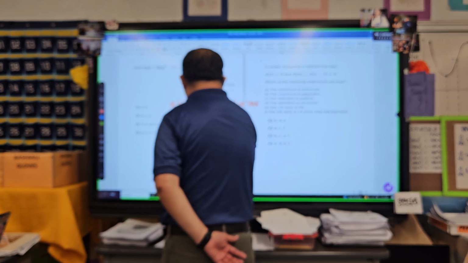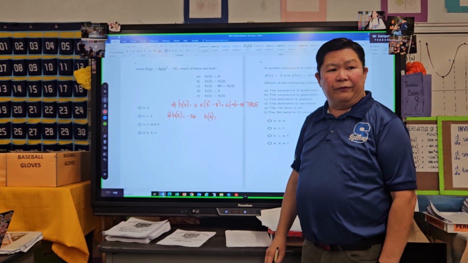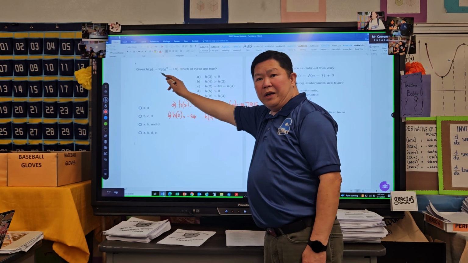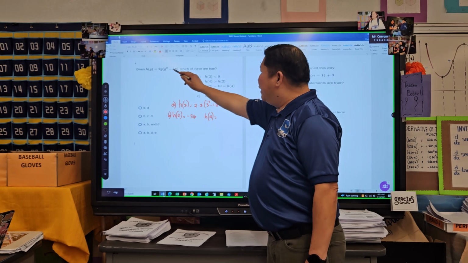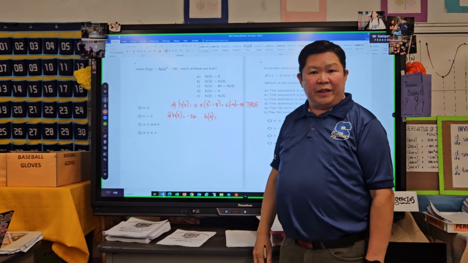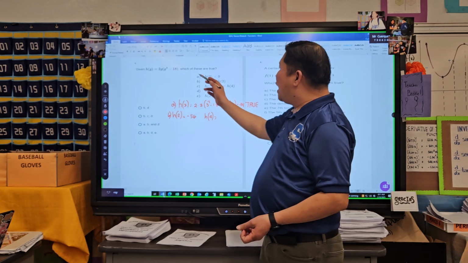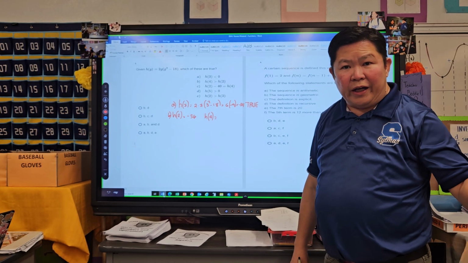Okay, how about h of 4? Can we do mental math also? H of 4. If g is 4, this means 8, right? 2 times 4 is 8. And then 4 squared, 16. 16 minus 18, negative 2. Negative 2 times 8, negative 16, right?